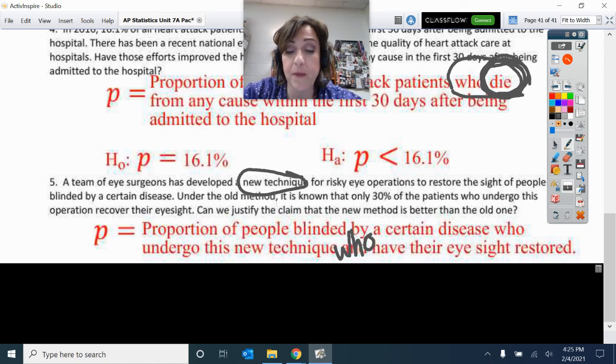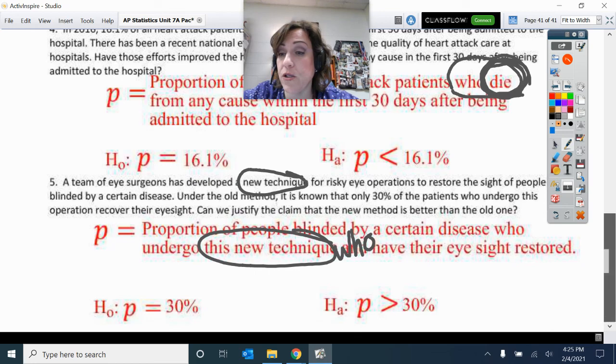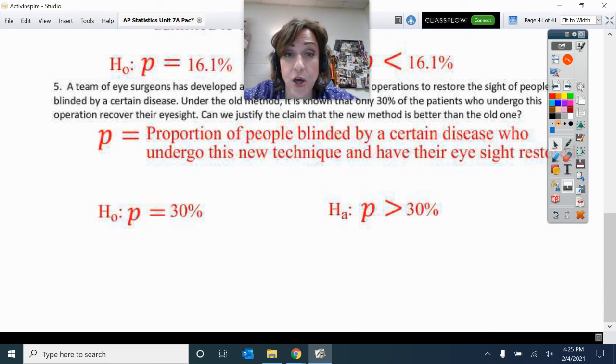So the proportion of people blinded by this disease who undergo this new technique, because this is an experiment, and the numerator who have their eyesight restored. So currently we know 30% of patients do it, but we're going to see if it gets better, right? So our null hypothesis, colon, P equals 0.30, and then our alternative, HA, colon, P is greater than 30%.